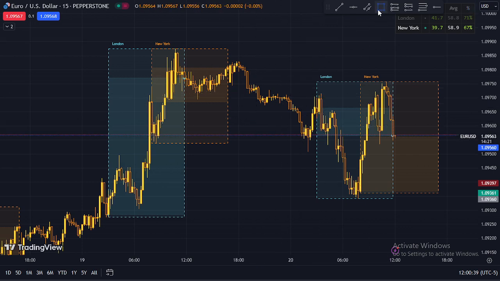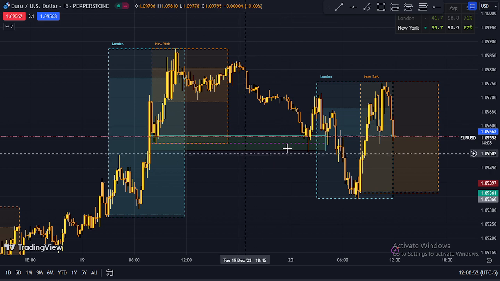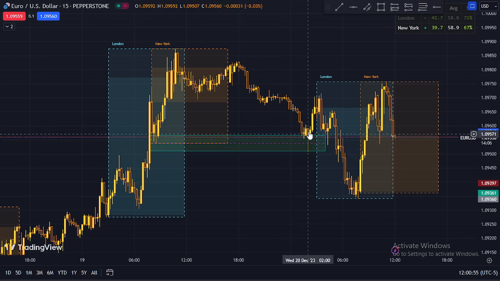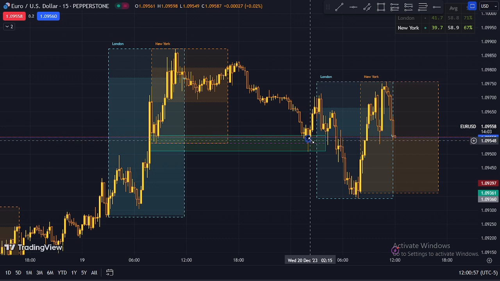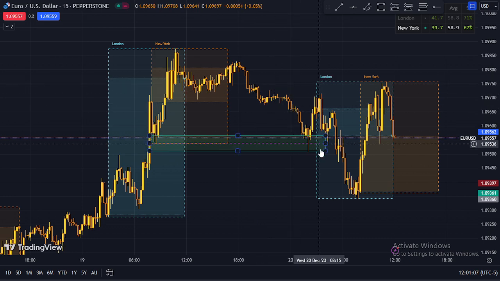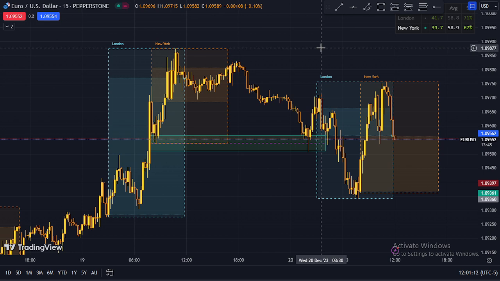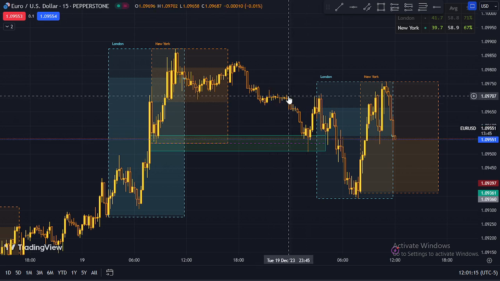Whenever you're backtesting, you take whatever you use to mark your gaps, anchor it to the gap, the low to the high, and then maybe we'll go into the 1 minute chart to see if there was a market structure shift or any other entry model that you could have used. So we had that run into the inefficiency, and then we reversed, taking out these highs right there.